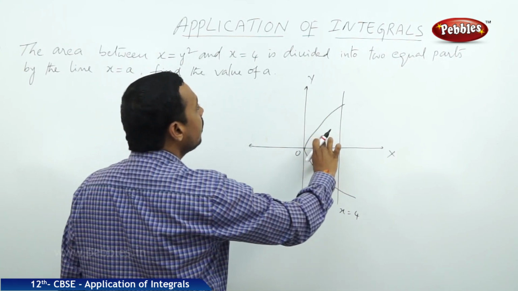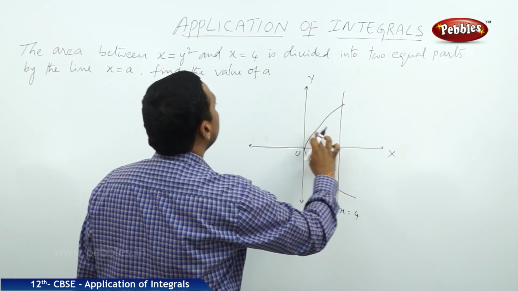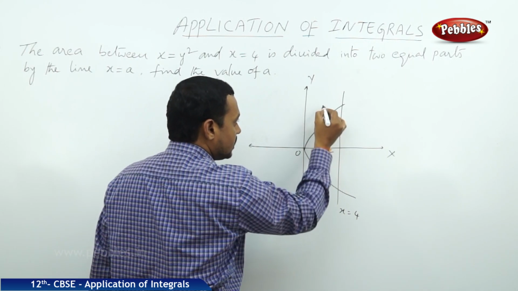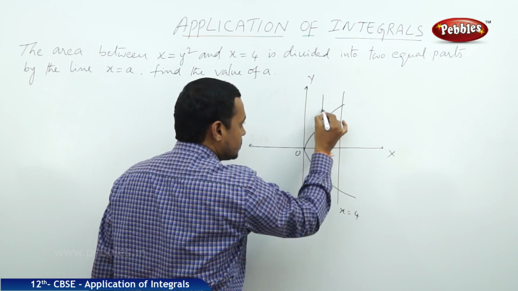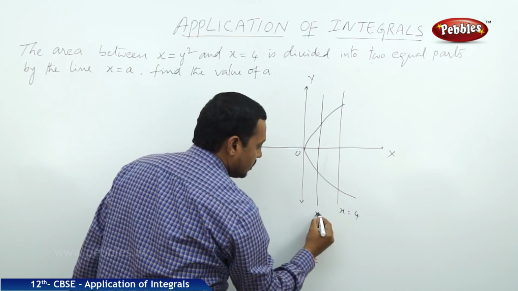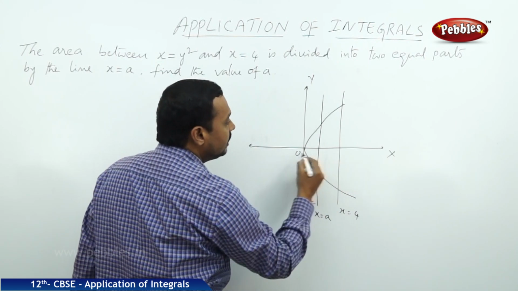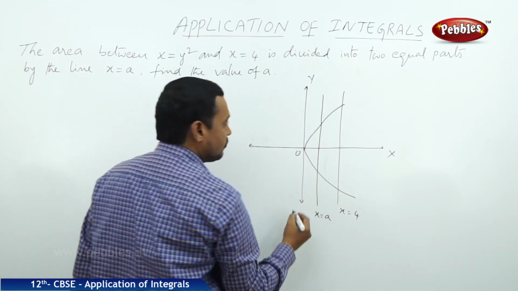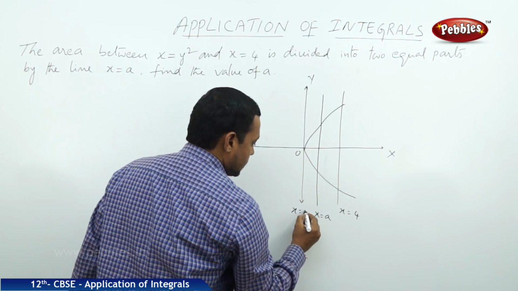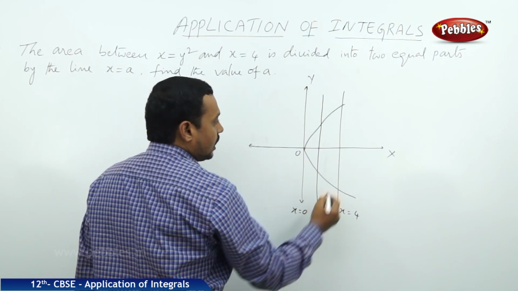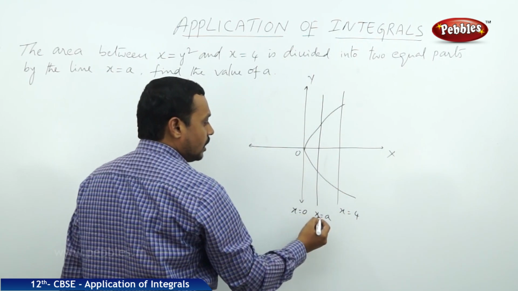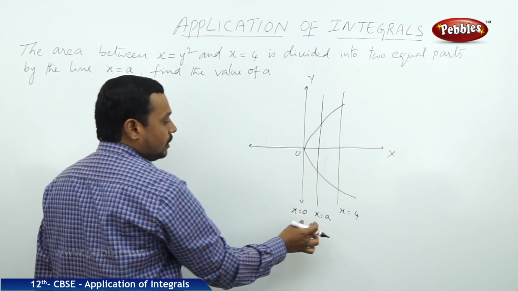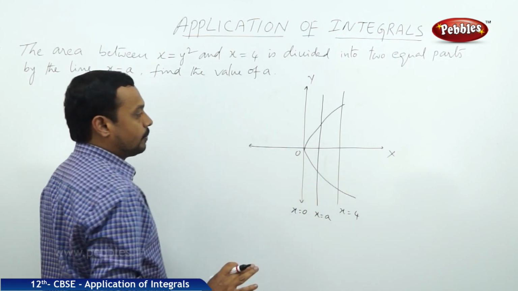But this area is divided into two equal parts by the line x is equal to a. That means the line x is equal to a is parallel to the y axis and midway of x is equal to 0 and x is equal to 4. Of course, x is equal to 0 means y axis. It is x is equal to 0, y axis, and this is x is equal to 4 given, and this total area is divided by x is equal to a into two equal parts.